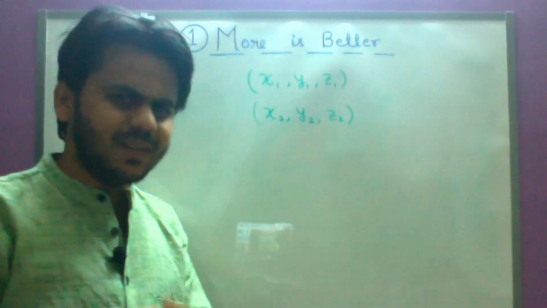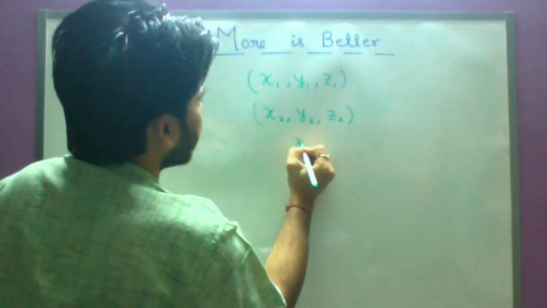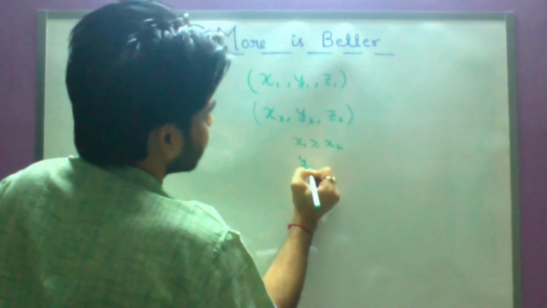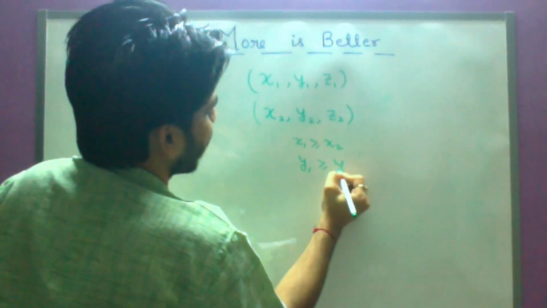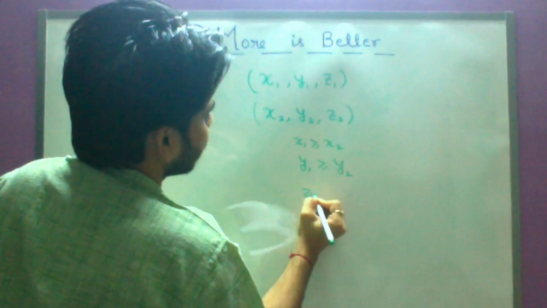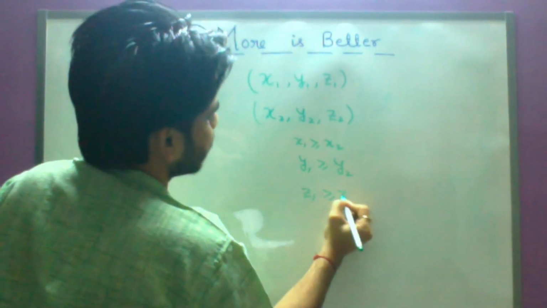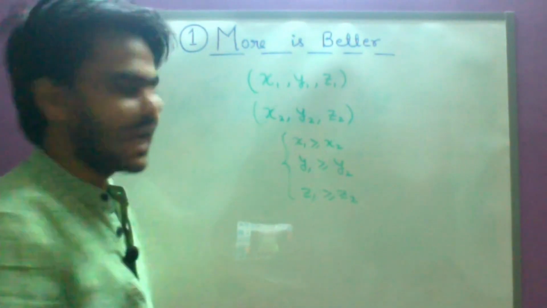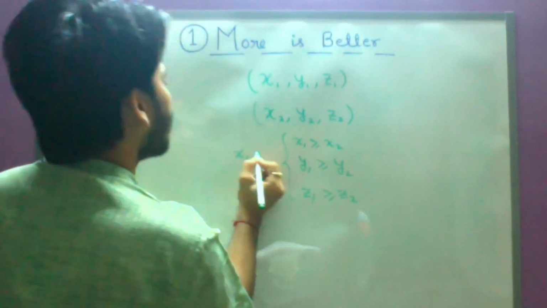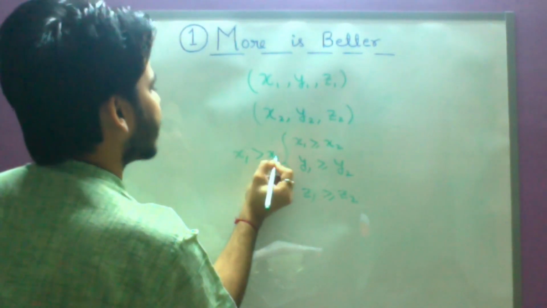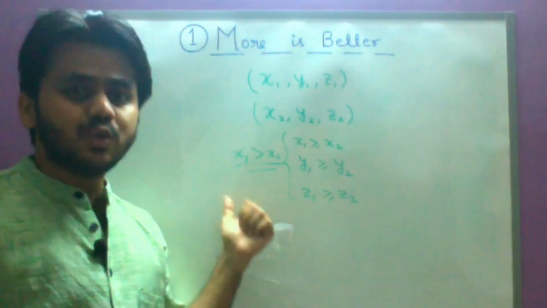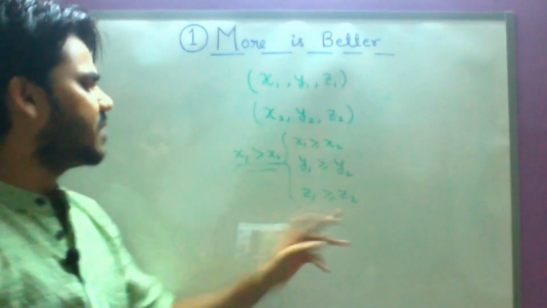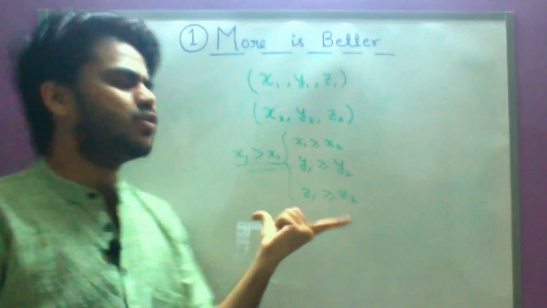Now I tell you that X1 is greater than or equal to X2, Y1 is greater than or equal to Y2, Z1 is greater than or equal to Z2, and an added piece of information that X1 is also strictly greater than X2. Now I could have said X1 greater than X2, or just Y1 greater than Y2, or just Z1 greater than Z2. Now why am I giving you this description?